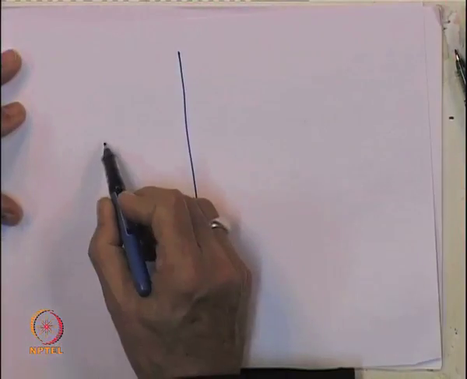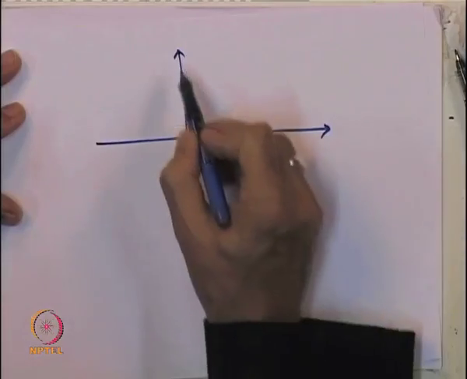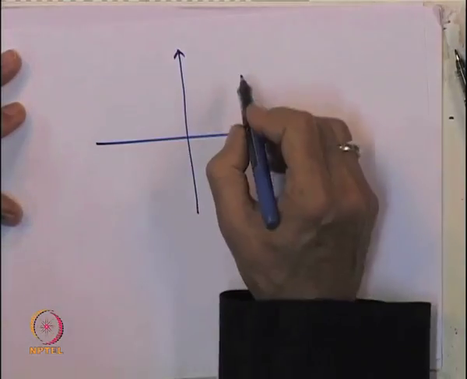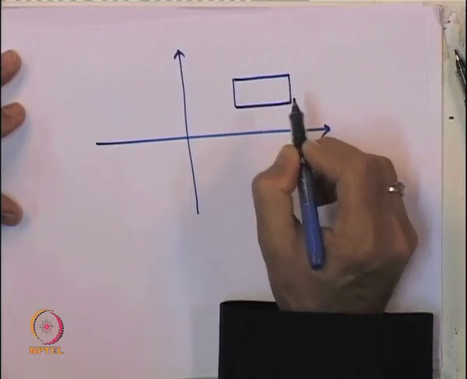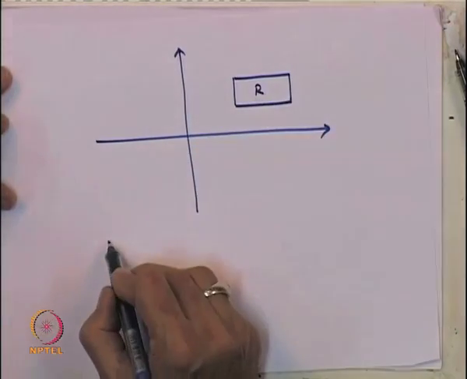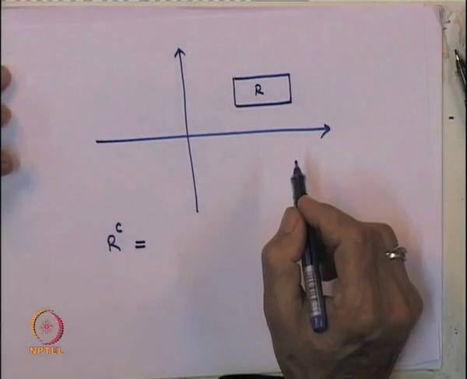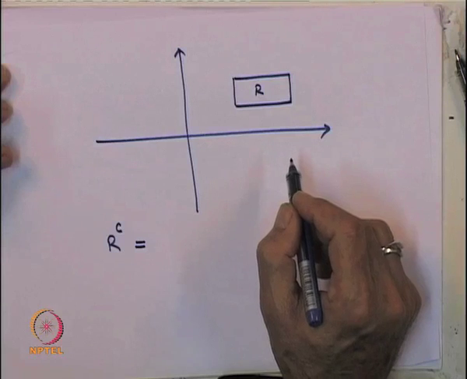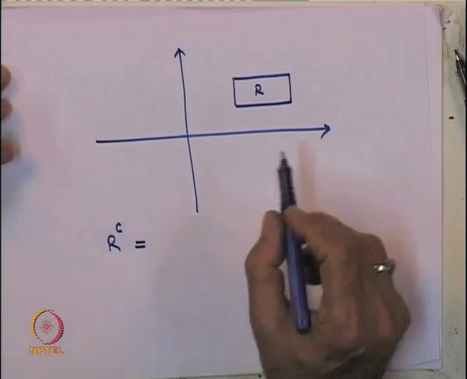So, let us take a rectangle in the plane, this one. This is a rectangle R, and I want to see what R complement looks like. Can I represent this as a finite disjoint union of rectangles again?